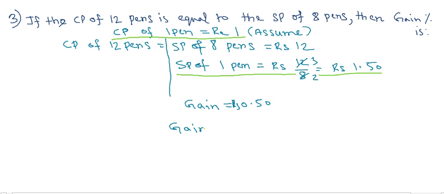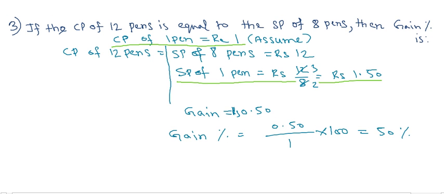Now we will find the gain percent, that is gain, 0.50, by cost price, 1, into 100, so the gain is 50%.